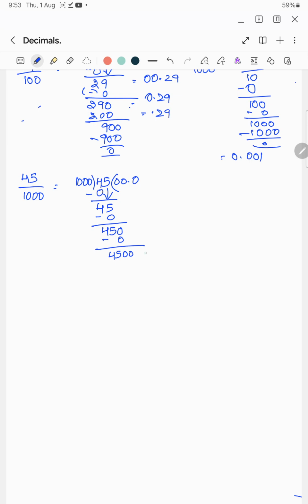So add a 0. Now check for the multiple of 1000 which is equal to 4500. So 1000 into 4, 4000 minus, so this will be 500. Add a 0 here, so 1000 into 5 is 5000. This will be 0. Answer will be 0.045.